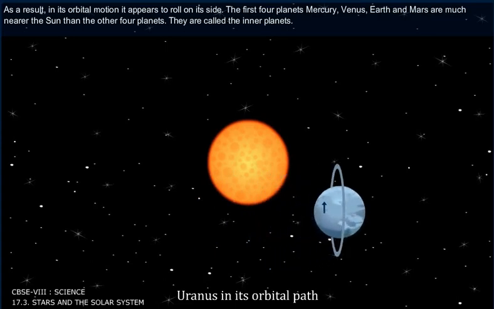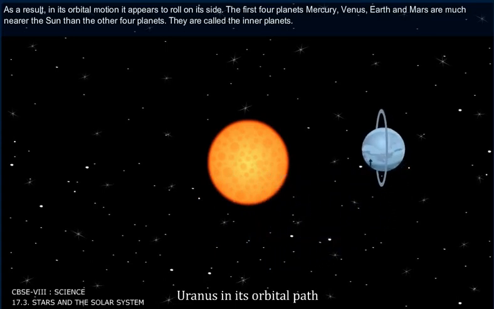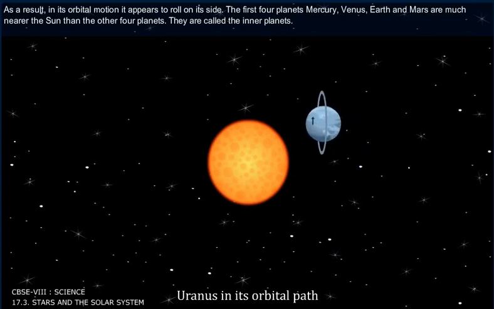The first four planets, Mercury, Venus, Earth, and Mars, are much nearer the Sun than the other four planets.